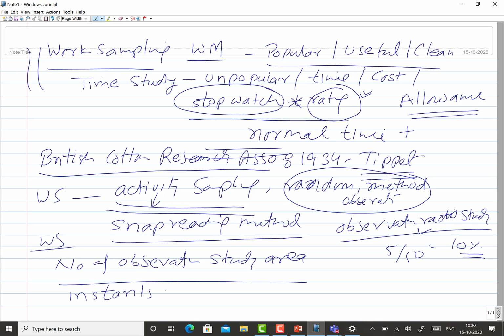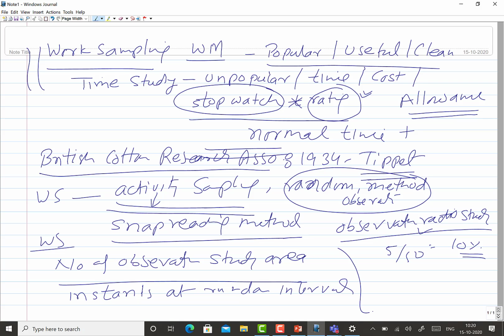Instantaneous observations are made of the study area at random time intervals. So there is no fixed way in which the observations will be made over the study period.